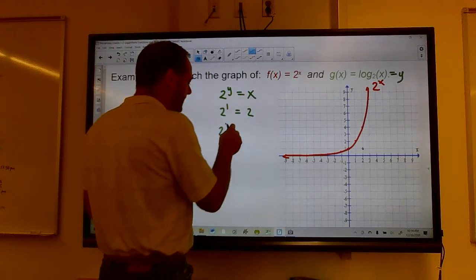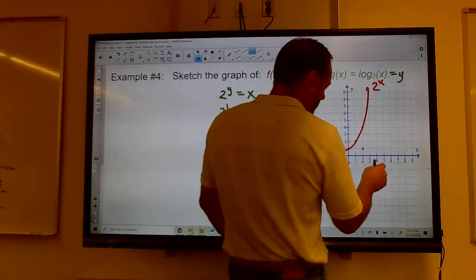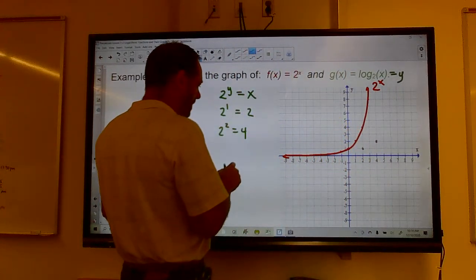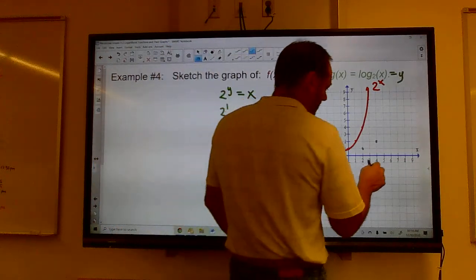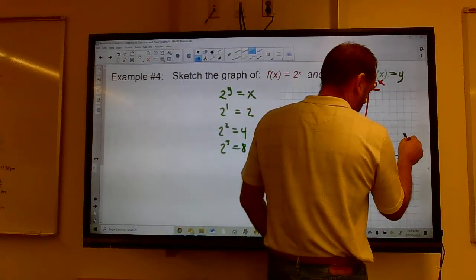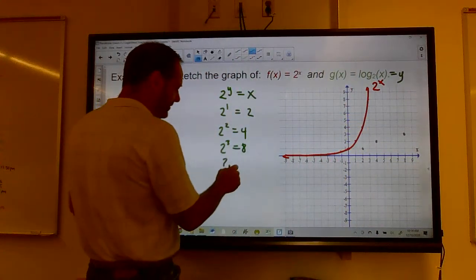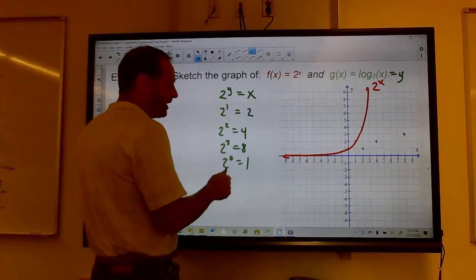And 2 to the second power is 4. So my x is going to be 4 and my y is going to be 2. 2 to the third power is 8, so my x is 8 and my y is 3. 2 to the 0 is 1, so my x is 1 and my y is 0.